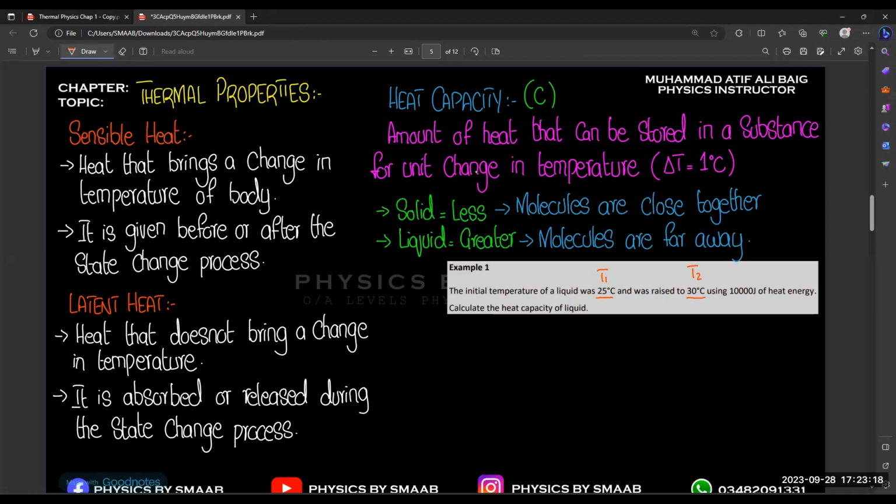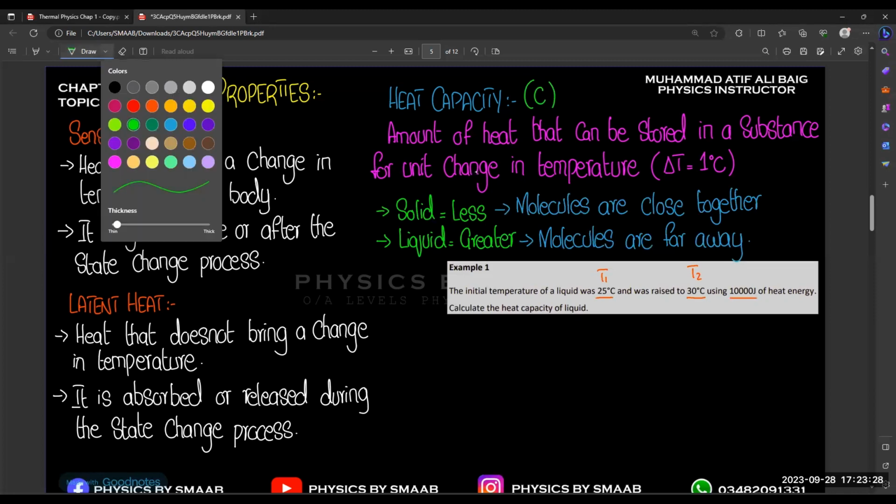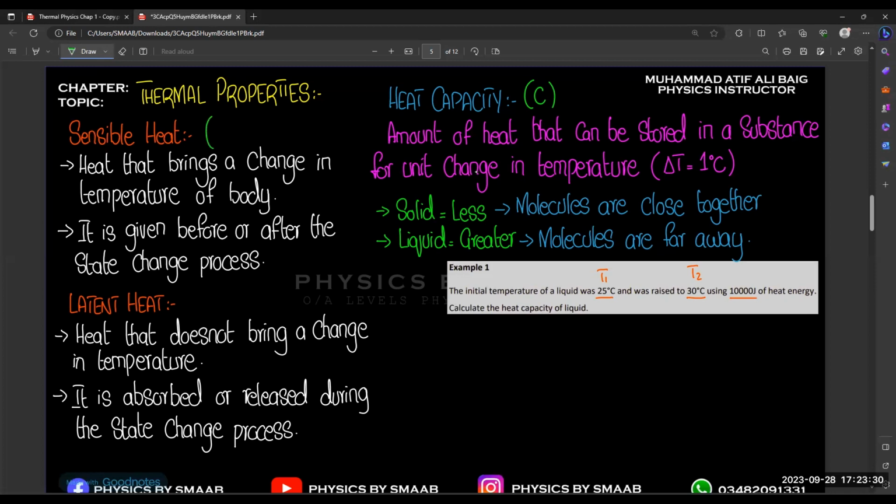And the amount of heat you provided is equal to 10,000 joules. And one more thing, for heat, we are going to use the symbol Q, or delta Q, right? Because when we are providing thermal energy, from the initial to the final point there will be a change in heat.